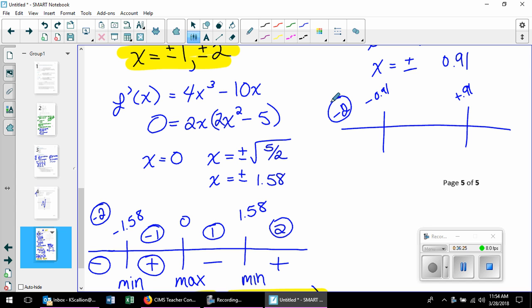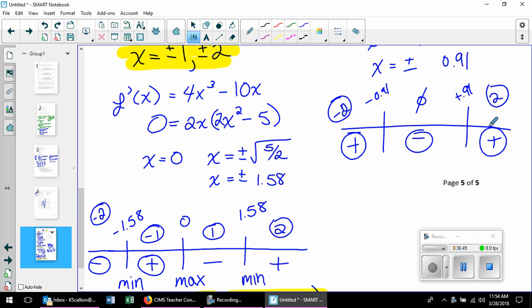If I substitute negative 2 into the second derivative, what do I get? A positive number. I don't care what it is, I just need to know that it's positive. If I put a value in between those two, like 0, you're going to get a negative. And if I pick a value greater, like positive 2, it's going to be positive.